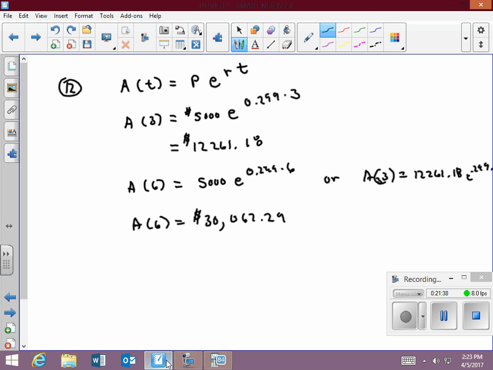14 through 18. It's radioactive isotopes, and they're giving you the formula there. A of T equals A0 e to the kT. A0 is the initial amount of material, and k is the constant of decay. So 14.